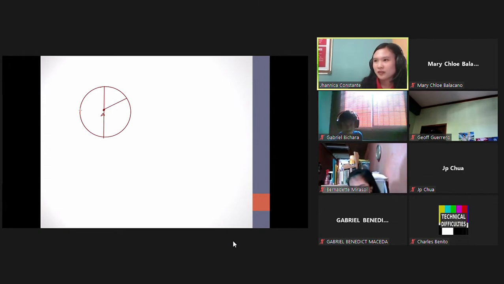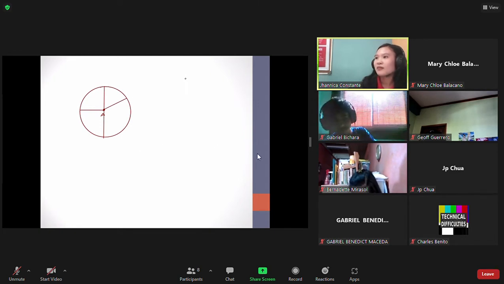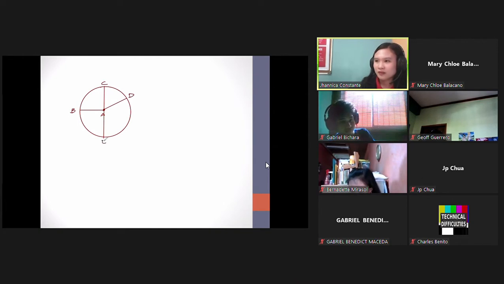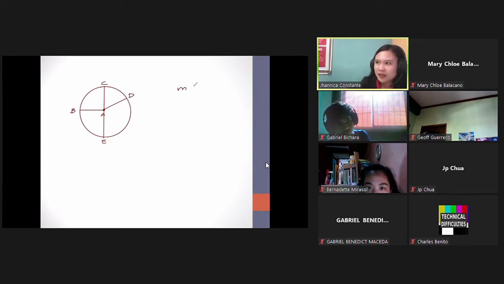So for example, this is our circle, which is circle A, and we need to find the measurement of arc BCD. That is the arc that we're going to solve. It means this is the arc B, C, and D.